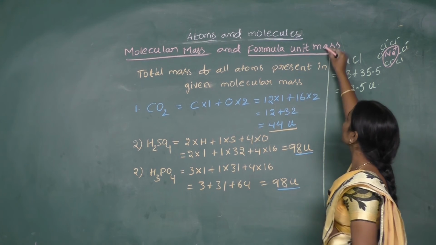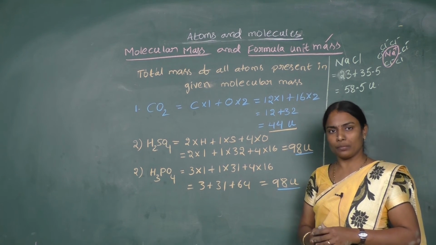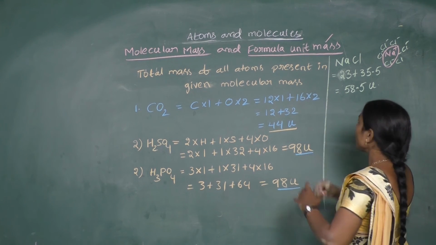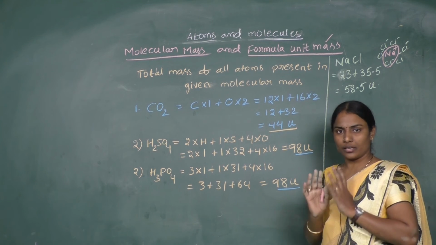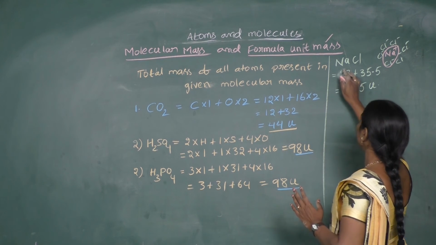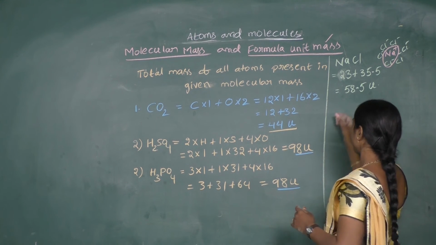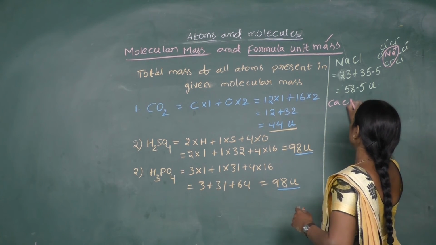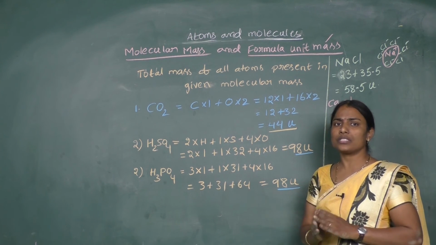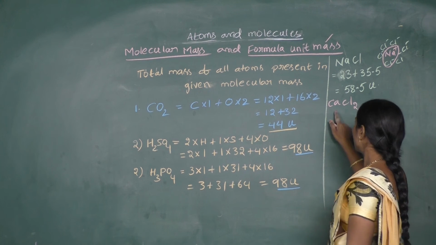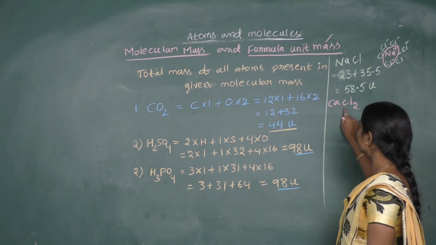For that case, we use another term, formula unit mass. Formula unit mass is the mass of one unit of an ionic compound, taking the ratio of cations to anions. For example, in calcium chloride the ratio of cations to anions is 1:2. Hence the formula we represent for calcium chloride is CaCl2.